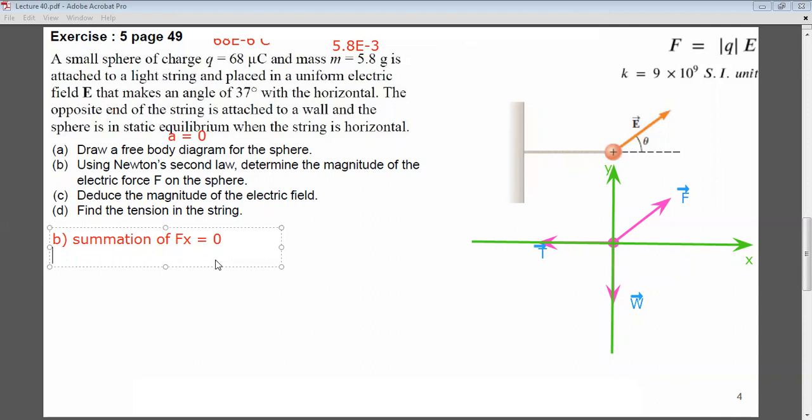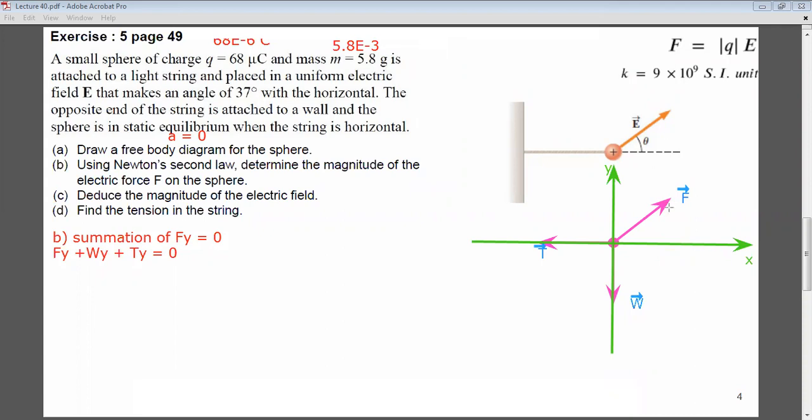I have to use summation of Fy equal to 0, which means Fy plus, there is no normal here, plus Wy plus tension y is equal to 0. Fy, let's do it here. So I have this angle over here. So this is Fx and this is Fy.